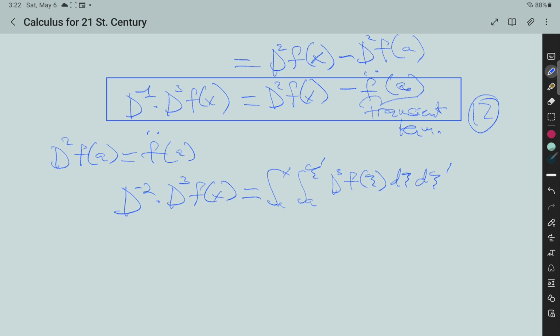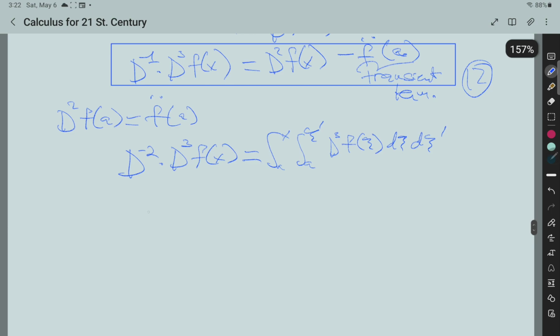Okay, because the factor of minus 2 here will give me twofold integration. Okay, so now it's going to be a to x, a to c prime. Notice we're going to take out one of the D and write like this: D to the power of D squared f of c dc, and then dc prime outside.